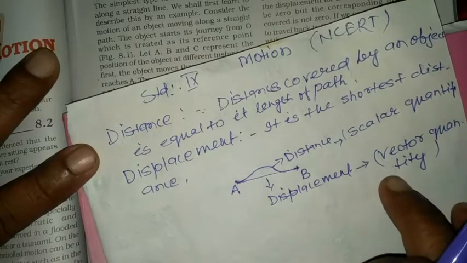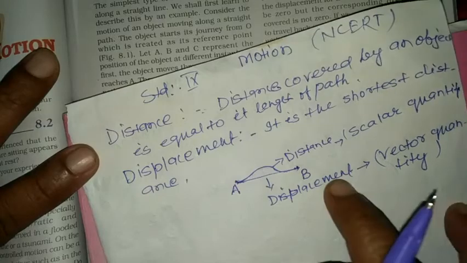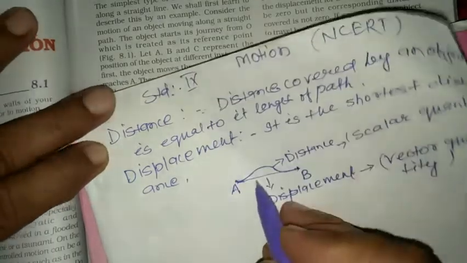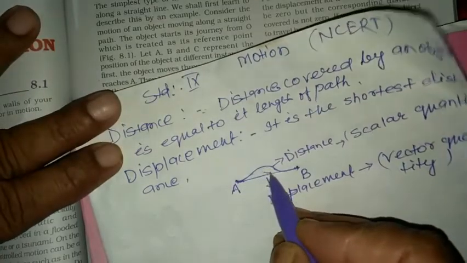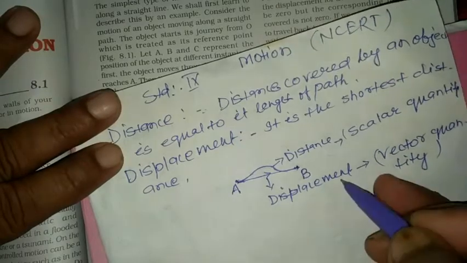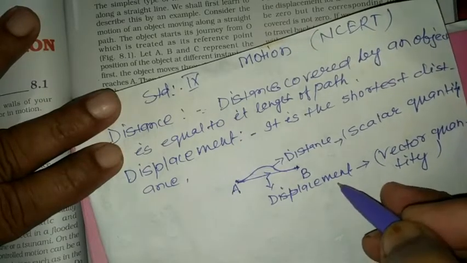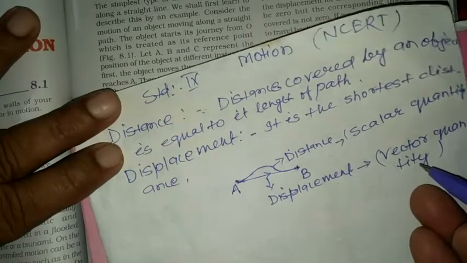Displacement is always in a certain direction, that means it has direction as well as magnitude.